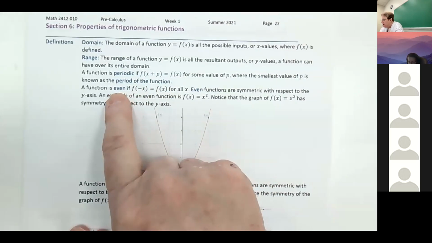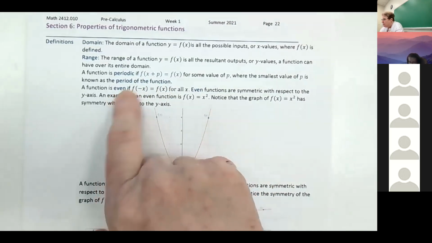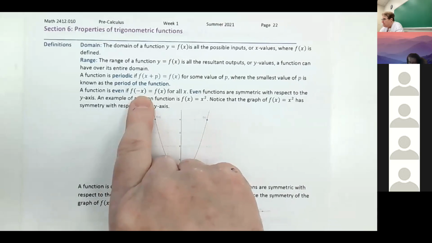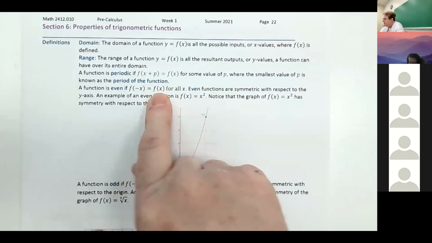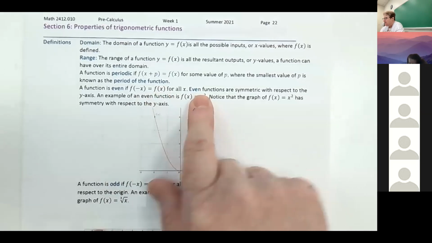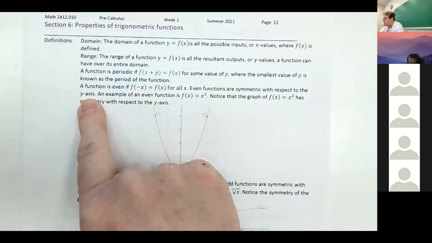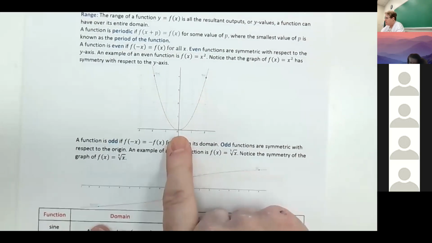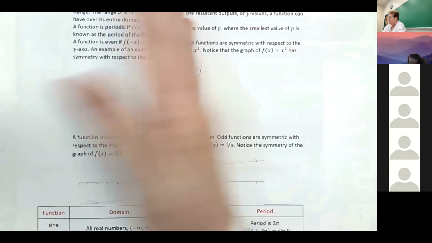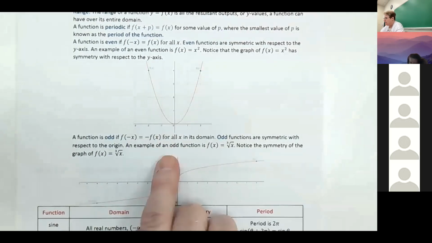A function is called even if when you plug in a negative, it doesn't change the function at all. We say even functions are symmetric with respect to the y-axis. One even function is x squared, and you can see it is symmetric with respect to the y-axis.